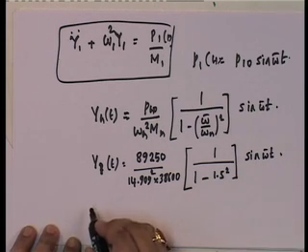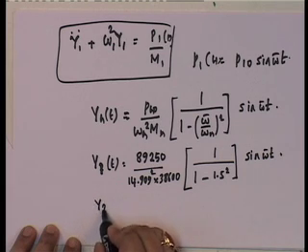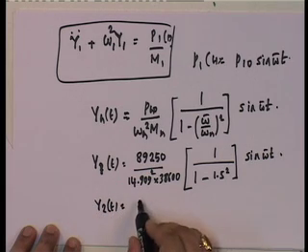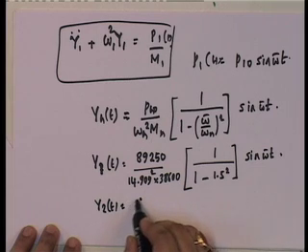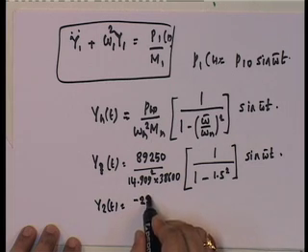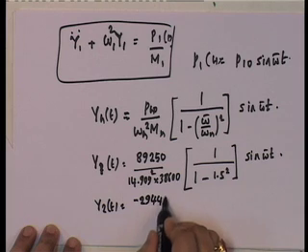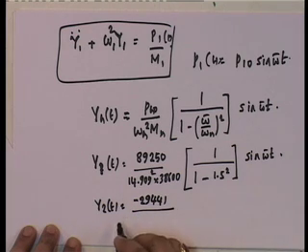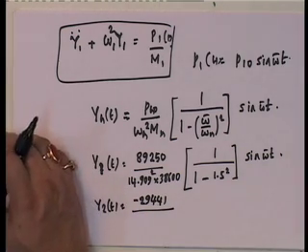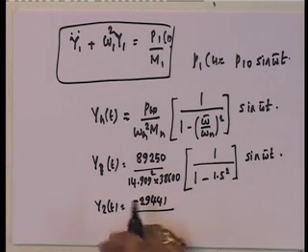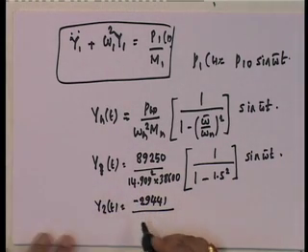Okay. Now, y 2 of t is equal to minus 29441 upon, let me just have a quick look at it, 31.623.